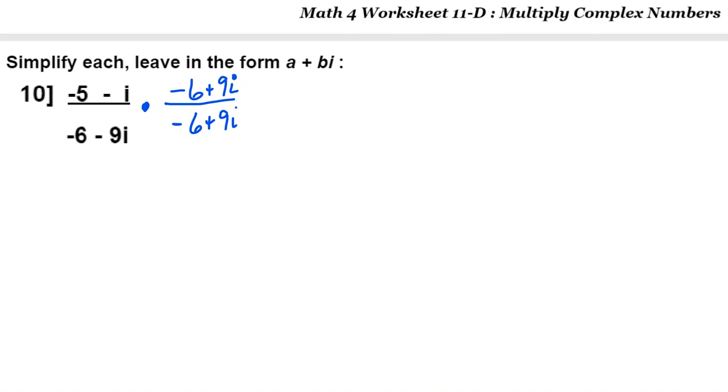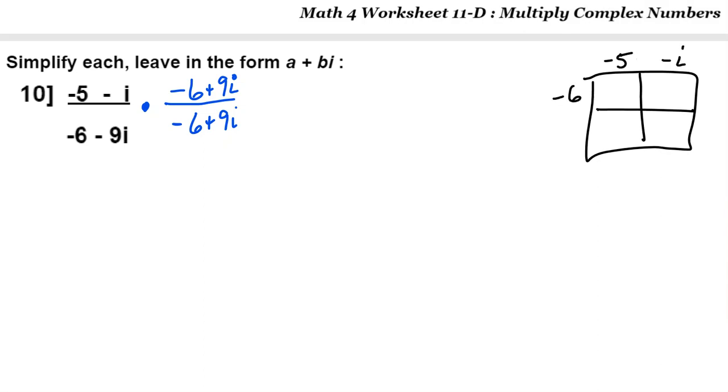All right, so let's do the top. Negative 5. We have plenty of negative signs to keep up with here today, do we not? All right, so we get 30, we get 6i, we get negative 45i, and we get negative 9i squared.